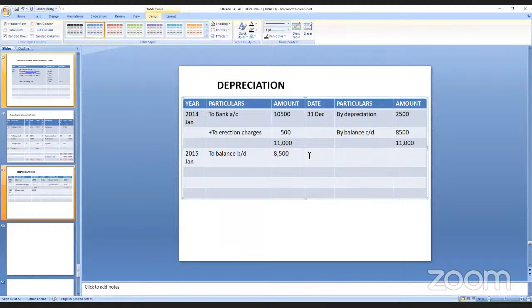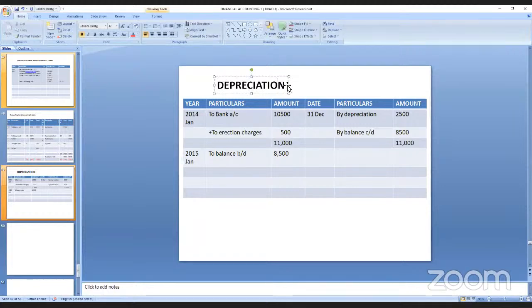And because this is a problem, whatever we are doing, that is related to which one? Straight line method. I'll write here: fixed installment method or straight line method.